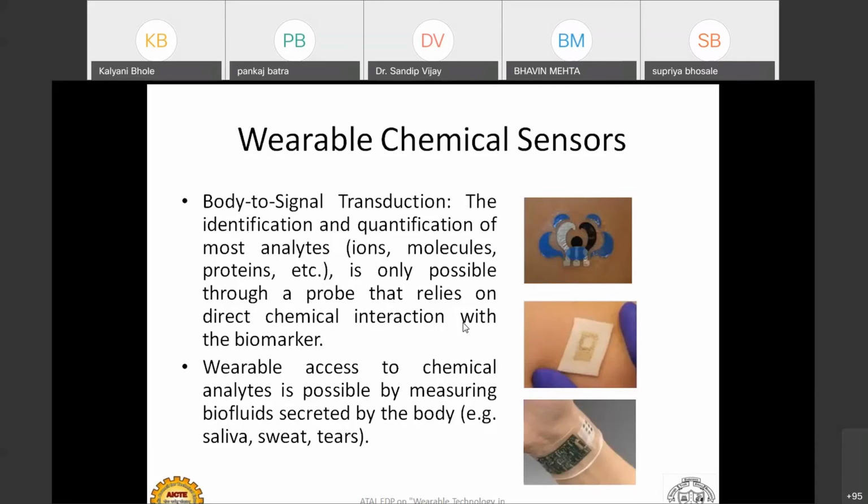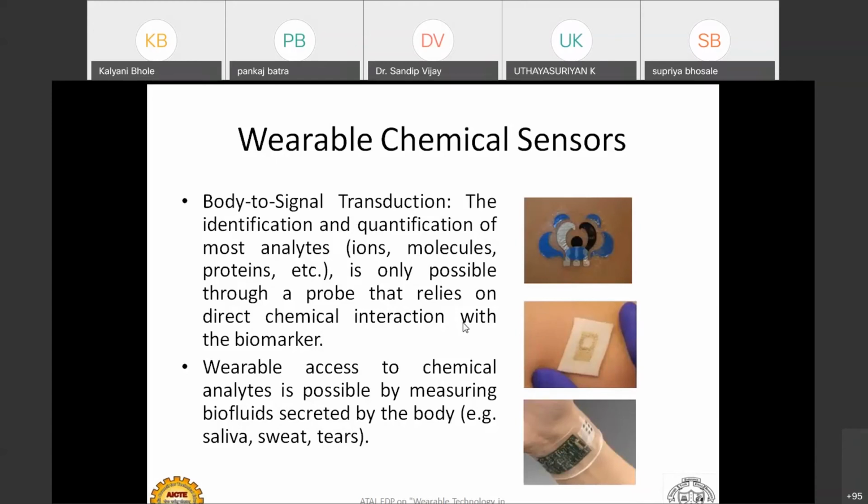We put that sensor on the skin surface, and because of the biochemical interaction there will be a chemical change, and we monitor that chemical analyte by using some measurements. So this is the basic sensing technology for wearable chemical sensors.